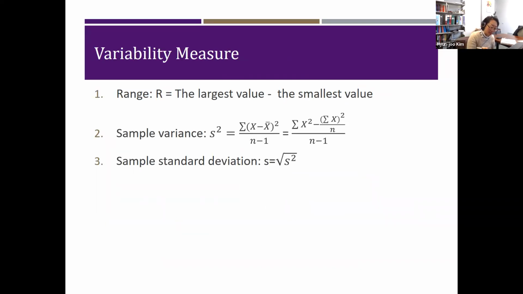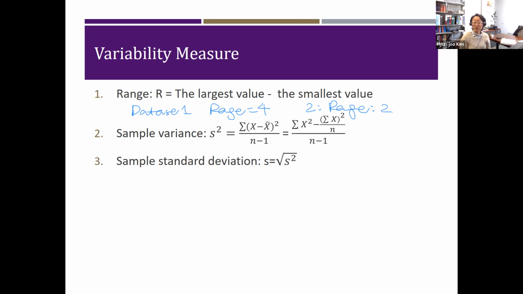So you would say for data set 1, the range is 4, and data set 2, your range is 2. So you would say something like data set 1 has a bigger range than data set 2, thus more spread out. Very simple, easy to calculate, a simple calculation.